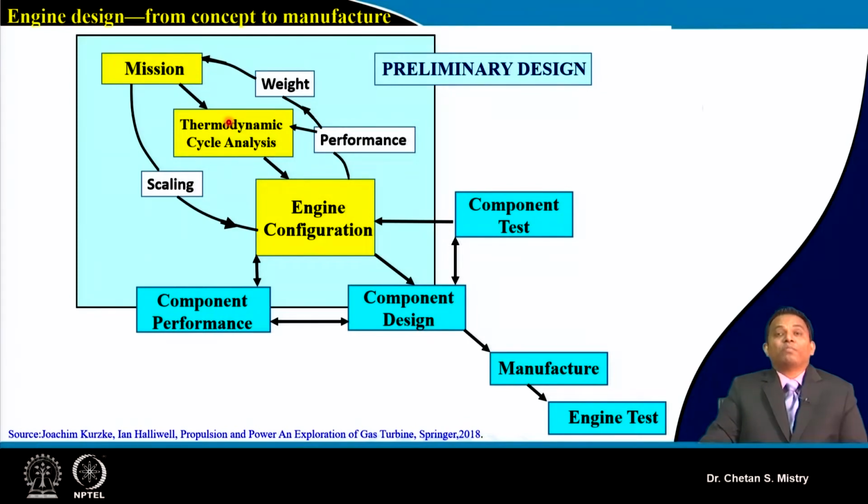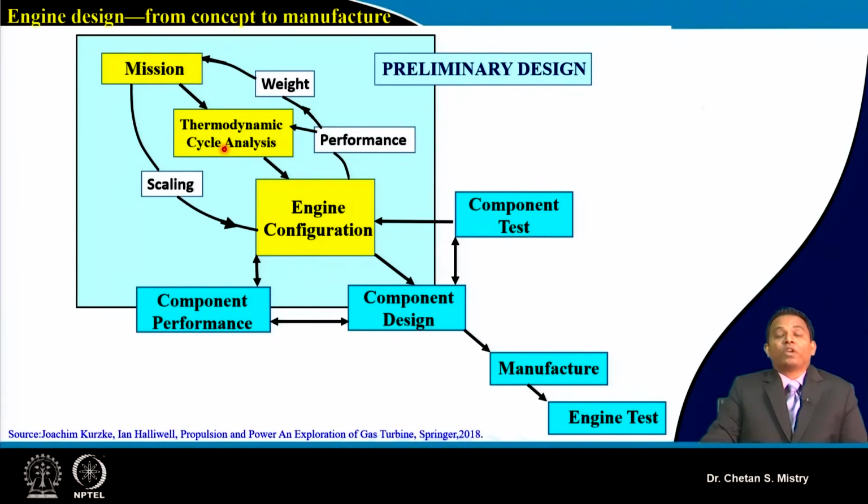So based on past experience with available engines and databases, maybe one of the engines or one of the configurations will be selected, and that will give us our initial thermodynamic cycle analysis. So when you are planning to do the design of an axial flow compressor, maybe you are working in a company, or maybe you are a student.